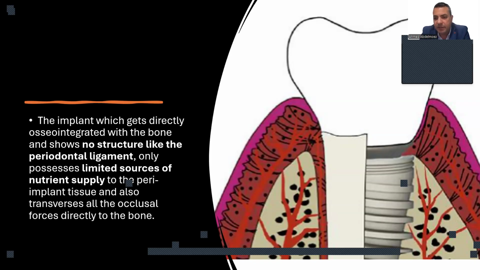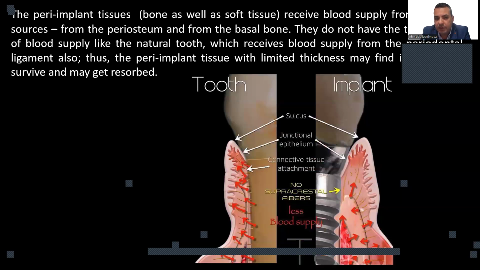As we see in this figure, on the left side we have the attachment to the tooth and the blood supply, and on the right side we see much less blood supply to the implant. The peri-implant tissue, both hard and soft tissue, receives blood supply from only two sources, the periosteum and the basal bone.